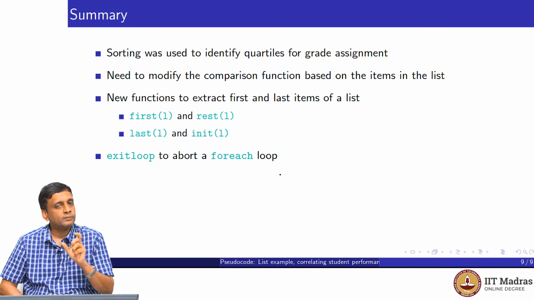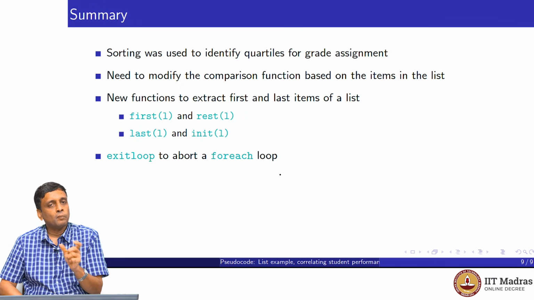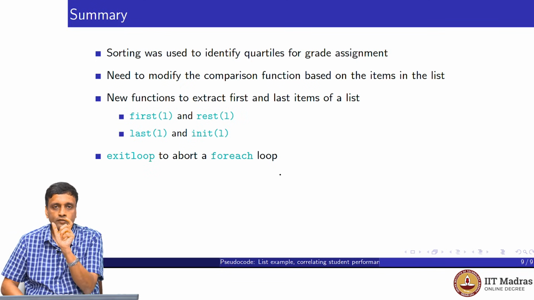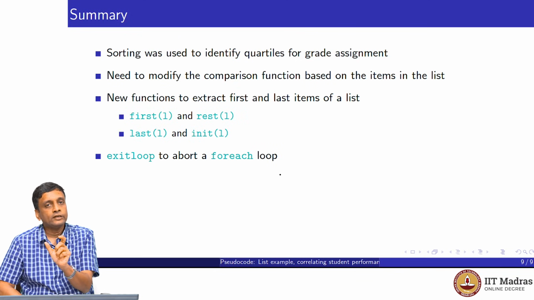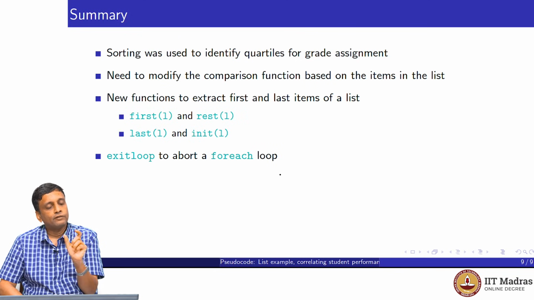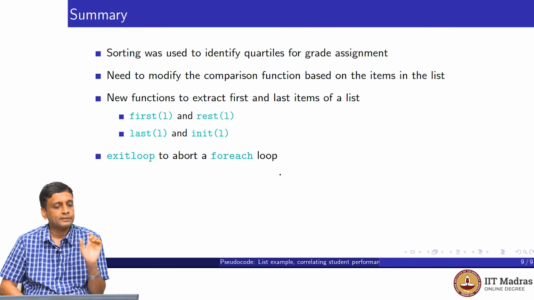But because we needed to keep the list in a more complicated format, where the elements are not just the marks but pairs of ID and marks, we needed to change our insert function to compare the second element of that. For this, we introduced the new notation of first and last and init and rest, so that we can extract selectively the beginning and the end of the list and the rest of the list which is left after removing these extreme elements.